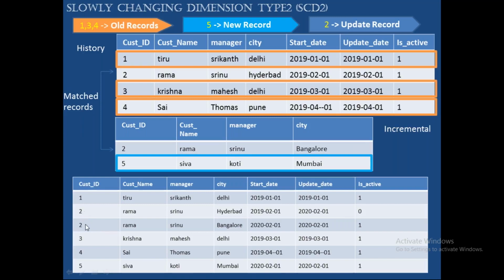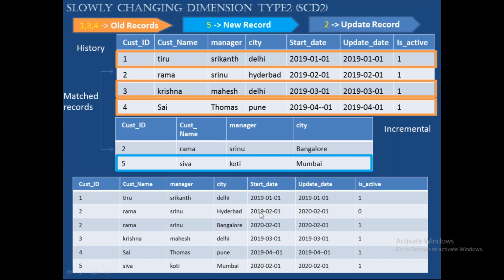If you look at 2 here, you see 2 Rama Srinu Hyderabad, and this is the start date, this is the updated date. Previously 2 is the person who is in Hyderabad. From which date to which date was he in Hyderabad?